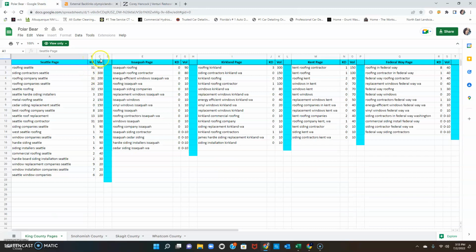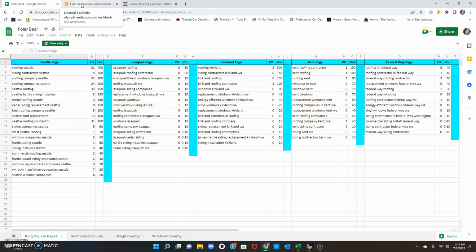I also reference the KDs and factor that into the whole process, because these KDs are going to greatly affect what it's going to take to get these companies to rank in the top spot for these individual keyword phrases.